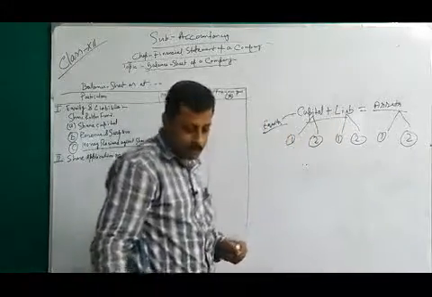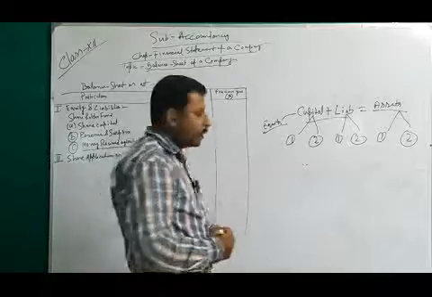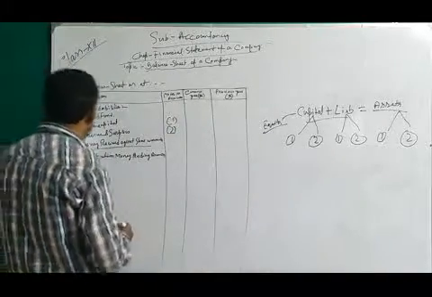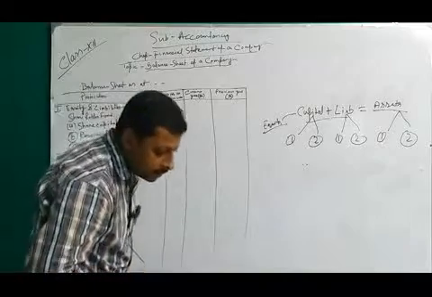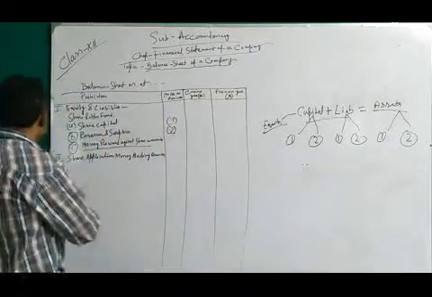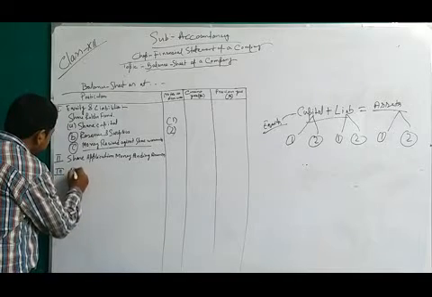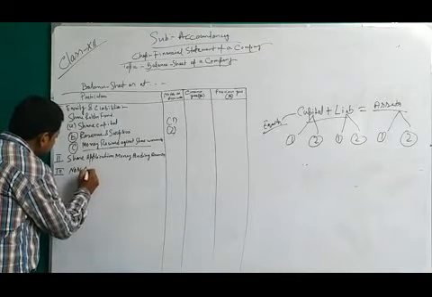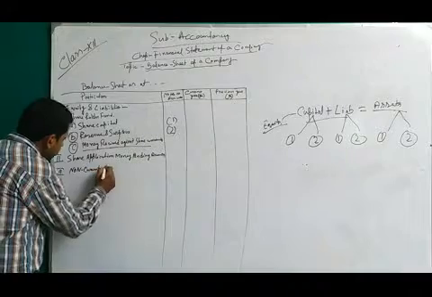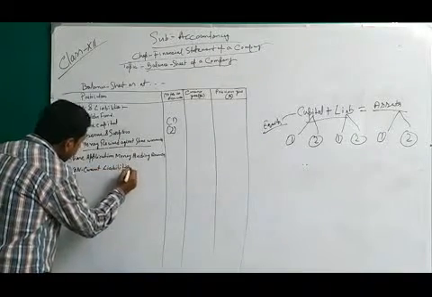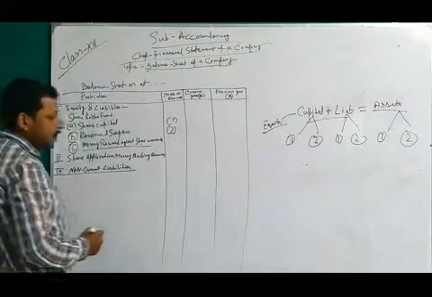Now come to your liabilities. This is all about capital. So number 3 broad heading is non-current liabilities. And what are the subheadings?